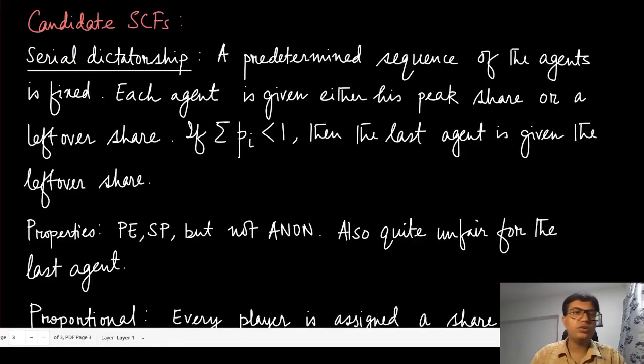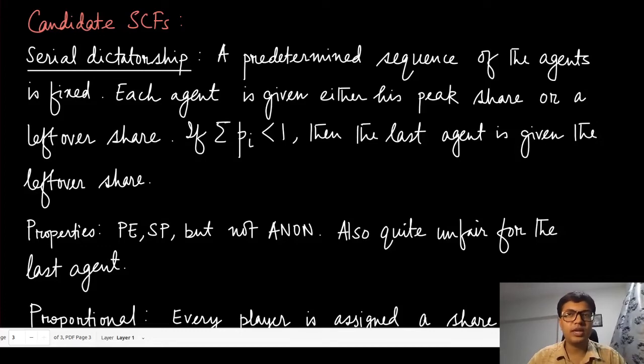So let us now look at what could be some candidate social choice functions which are Pareto efficient and also anonymous. So the first thing that we can immediately think of is serial dictatorship. We have already discussed dictatorship. Dictatorship was in the context of alternatives which had only one specific alternative. There was no share, so there was no component for each of these agents.